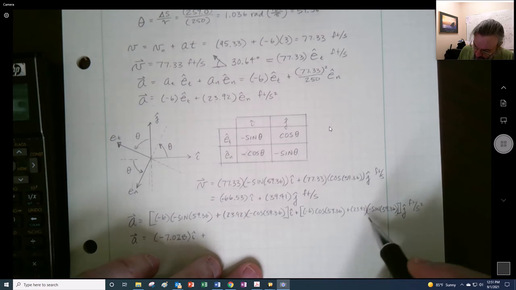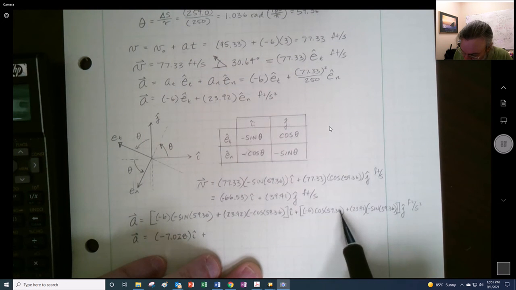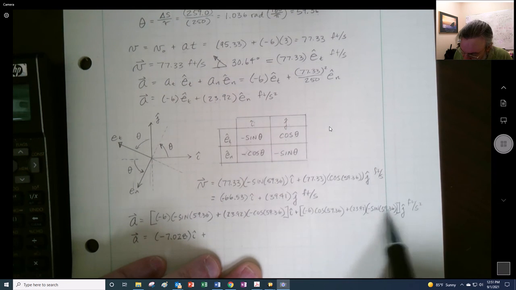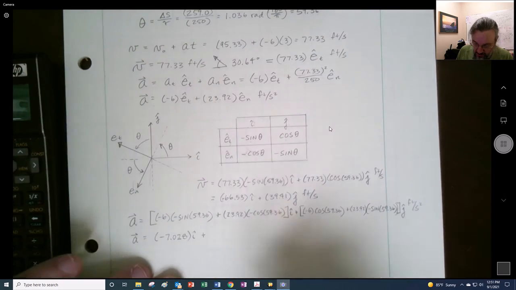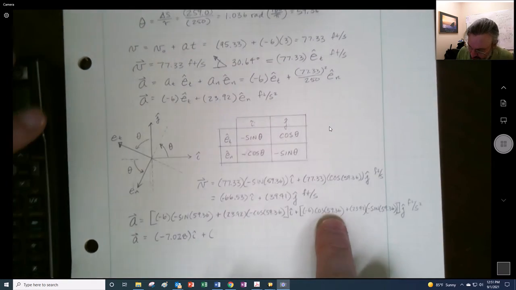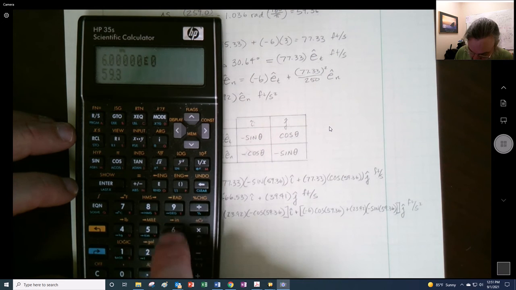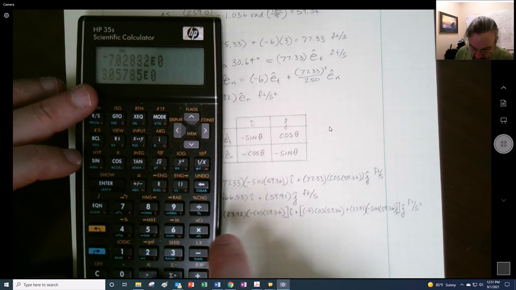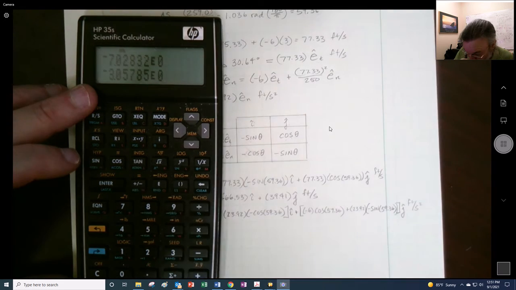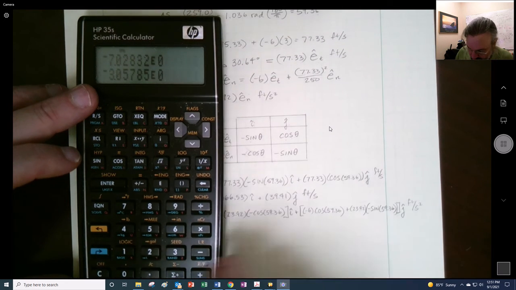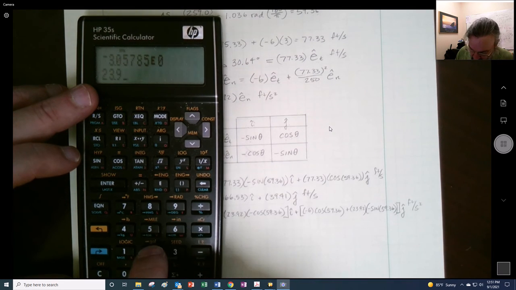Now for the y direction, this is negative, so this is going to be a negative value, and that's negative. So both of these are negative, right? So it's going to definitely be a negative answer in the end. So we take 6 and 59.36, take the cosine of it, multiply it. I'll make it negative, but I was just going to add it and say it's negative. But 23.92.